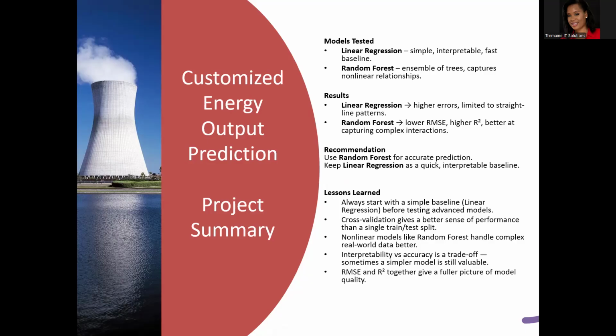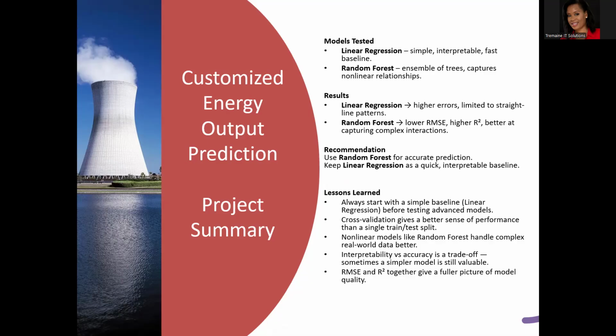The results: the linear regression had higher errors, limited to straight line patterns, while the random forest had lower RMSE, higher R2, and was better at capturing complex interactions. Our recommendation is to use the random forest for accurate prediction, but keep the linear regression as a quick interpretable baseline.